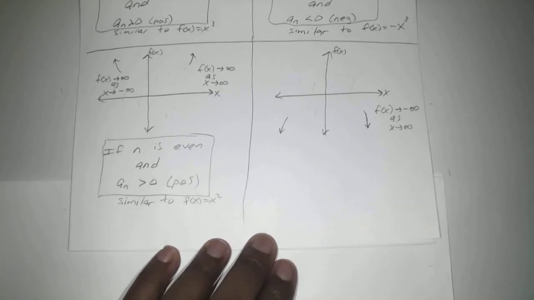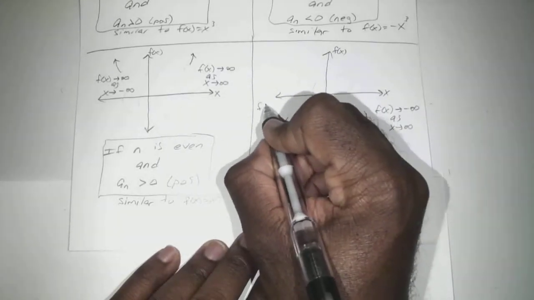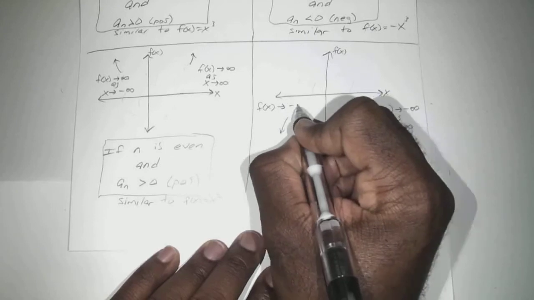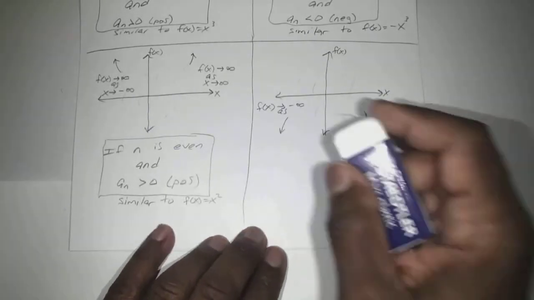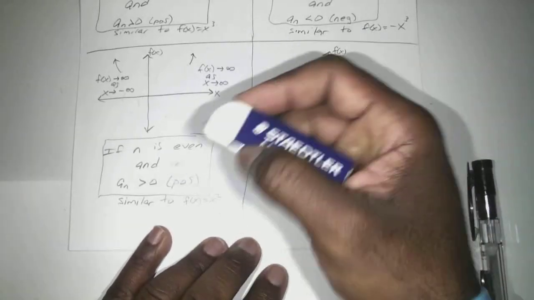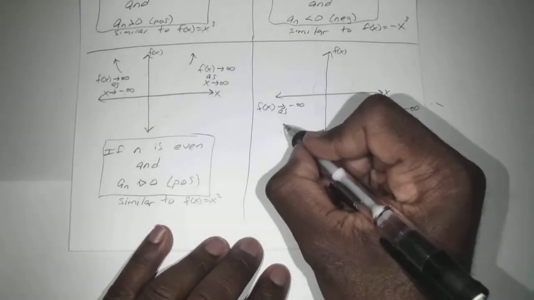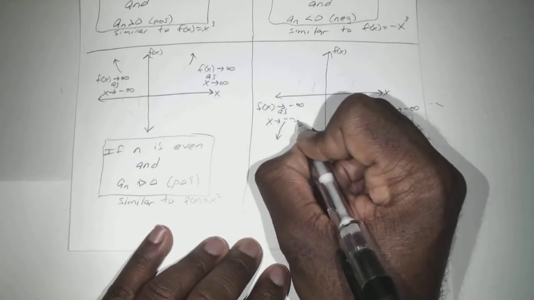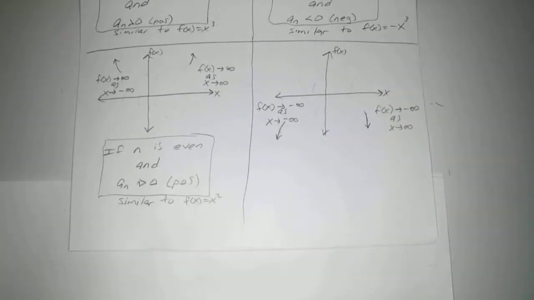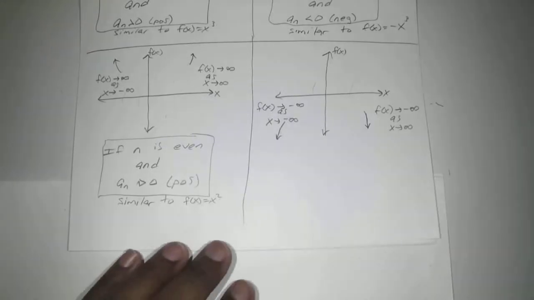And for this endpoint, we know that f of x also approaches negative infinity, but as x gets smaller. Okay. So if you notice, that's just like negative x squared. It's opening downward. So if it's opening downward, you have the same thing.